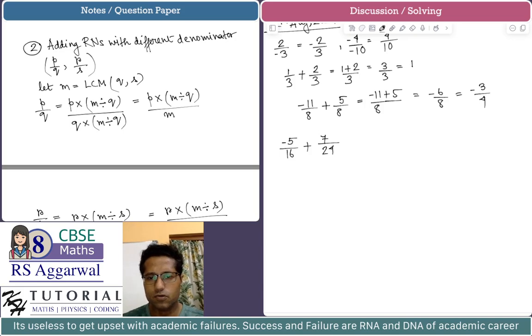So the first thing we have to do is find the LCM of 16 and 24. Usually you find the LCM like this. You take the highest common divisor, that is 4, and divide both numbers by 4, and then you can take 2.